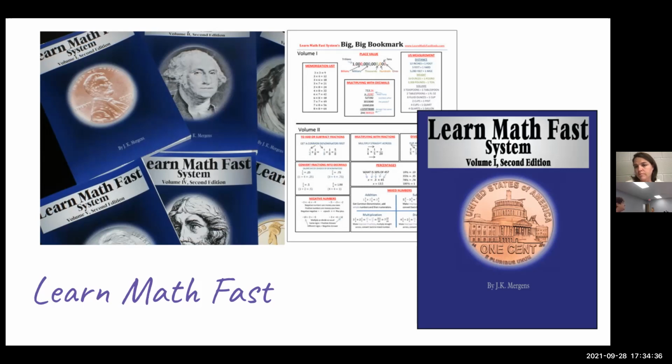You don't even have to sit and teach, as long as they can read through it and do it themselves. My daughter was actually very independent using these, and I brought a couple of these if you want to look through them to see what they are. She did most of her work on paper, and we were very successful with Learn Math Fast, and it does have the answers in the back.